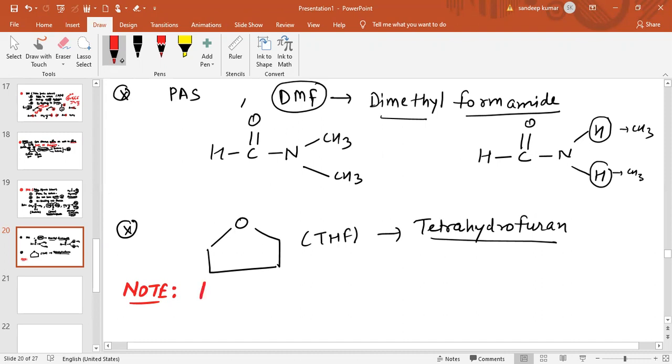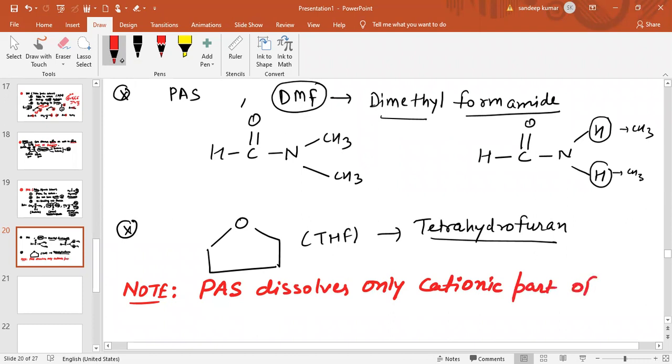But a polar aprotic solvent dissolves only the cationic part of the reagent.